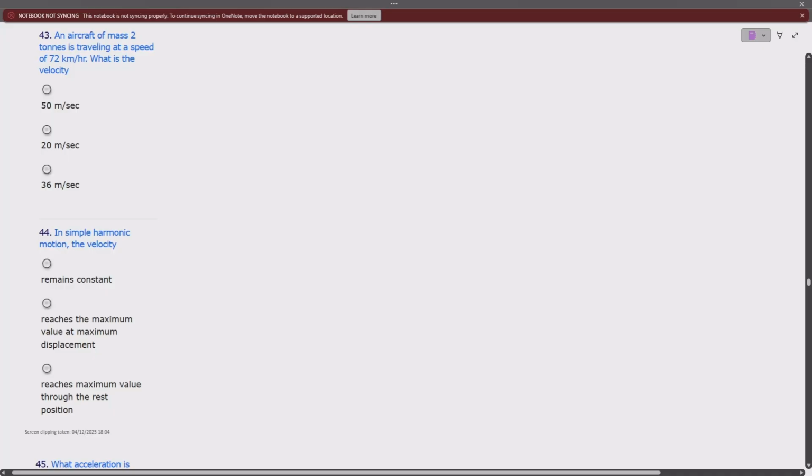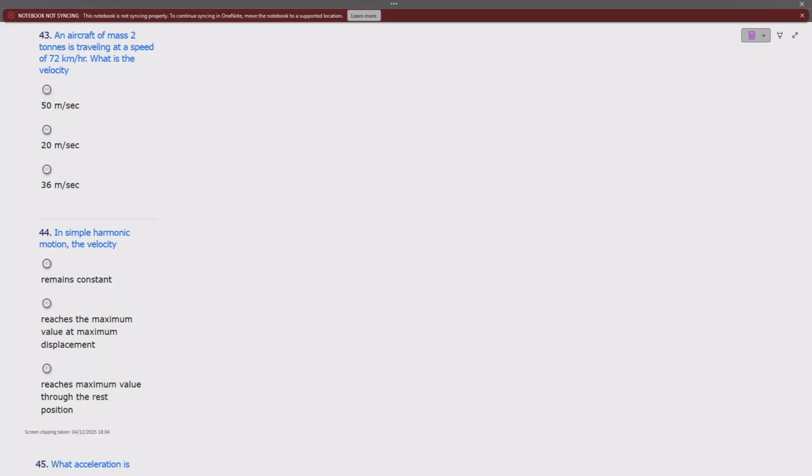43. An aircraft of mass 2 tons is traveling at a speed of 72 kilometers per hour. What is the velocity? These answers are given in meters per second. So basically what this question is saying is convert kilometers per hour to meters per second. And this is the formula. If you want to convert kilometers per hour to meters per second, you divide by 3.6. So it's going to be 72 divided by 3.6.